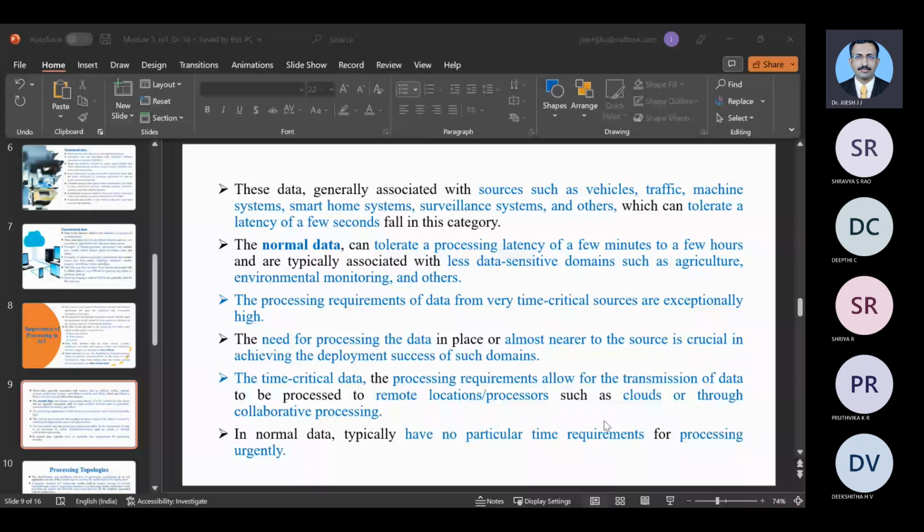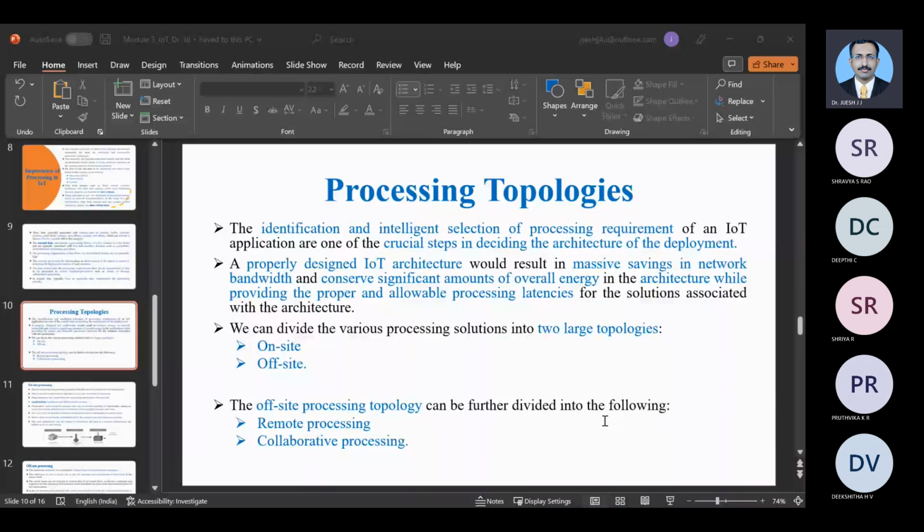Okay. So before going to that, the processing requirements of IoT based on the critical steps have a certain architecture, and based on that you need to understand how massive the network is, how the transmission of data is taking place, how you need to utilize the bandwidth between the connections, and how efficiently you optimize the bandwidth usage.